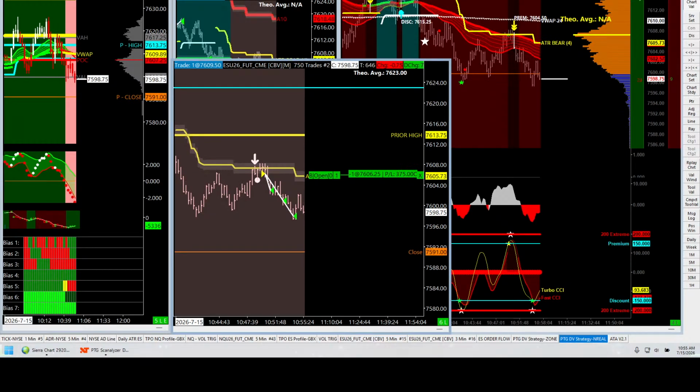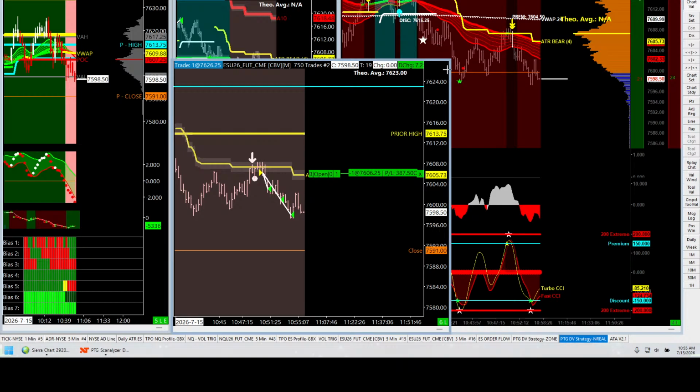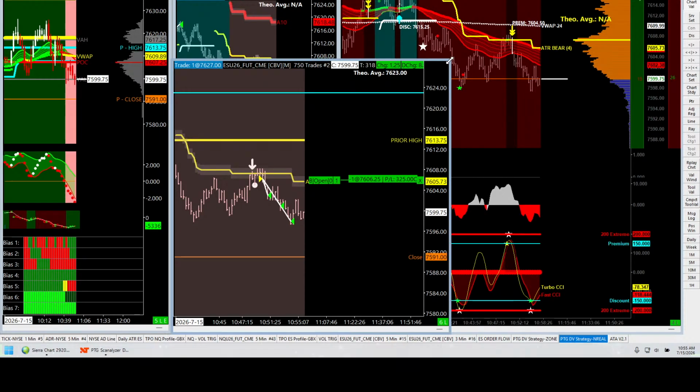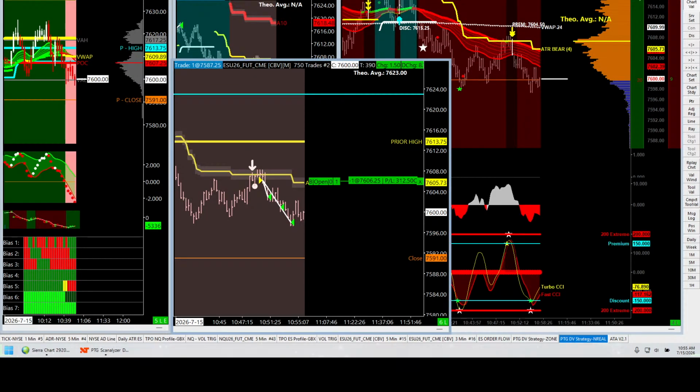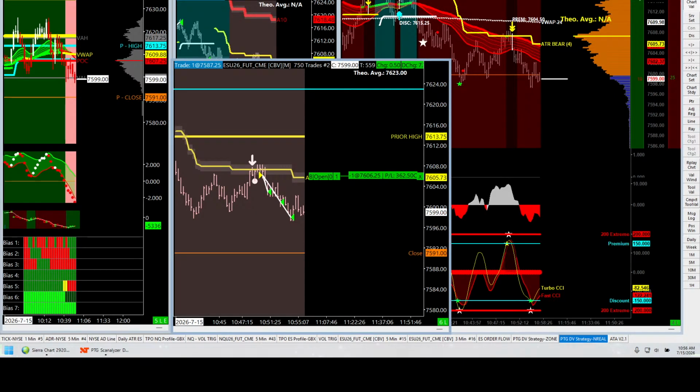Because I have multiple accounts, and they don't all take the same trade at the same time in the same way, because they're not copy accounts. So there's a lot of moving parts on the other side.